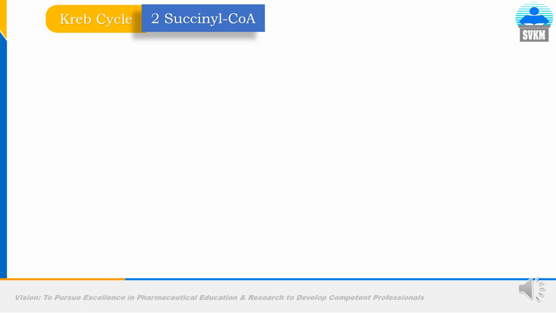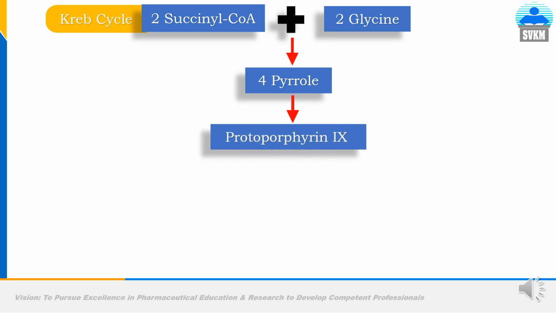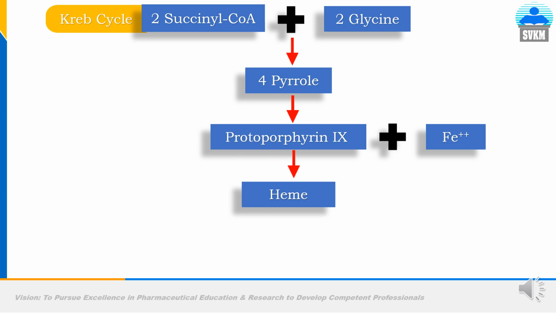For synthesis of the hemoglobin molecule, succinyl CoA, which comes from the Krebs cycle, is combined with 2 molecules of glycine, which forms the pyrrole molecule. This pyrrole is converted into protoporphyrin 9, and when it combines with Fe2+, heme is synthesized.